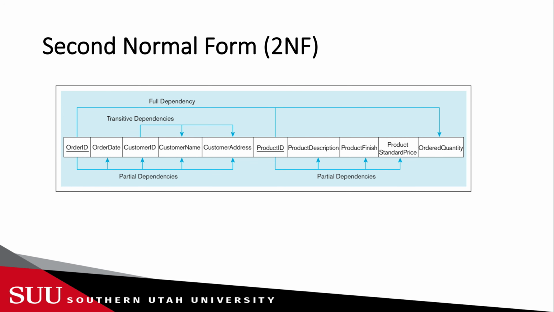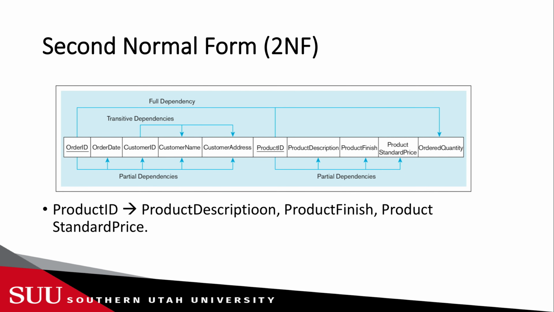So we need to remove the partial dependencies to get into the second normal form. We defined our dependencies. These are all the dependencies that I have, but we only care about partial dependencies. So how do we remove them? We need to make them full dependencies. How do they become full dependencies? If they are in their own table.